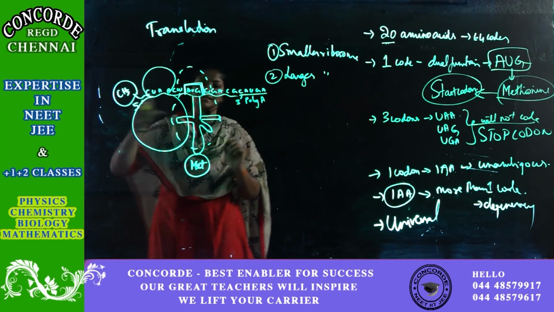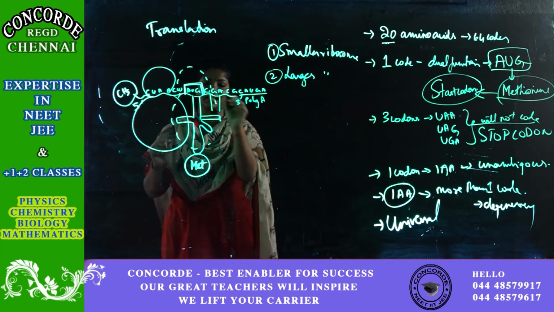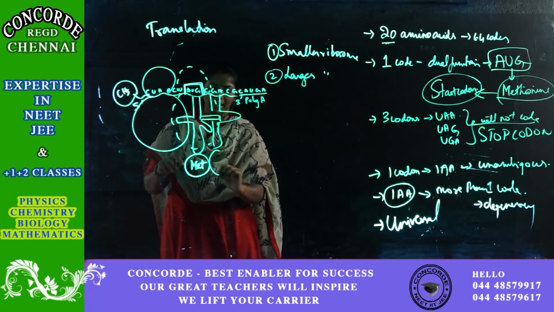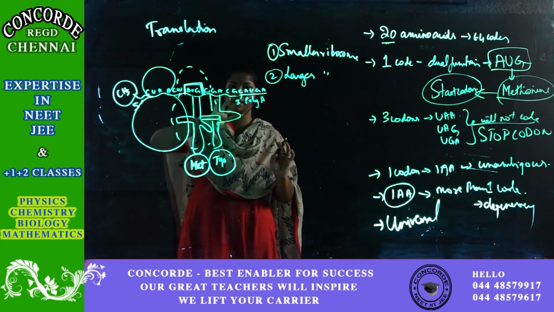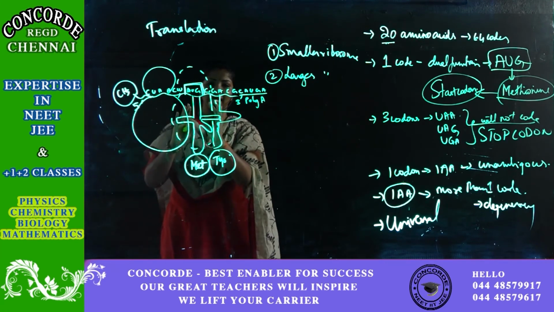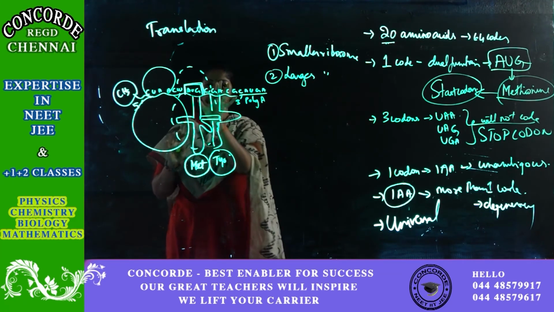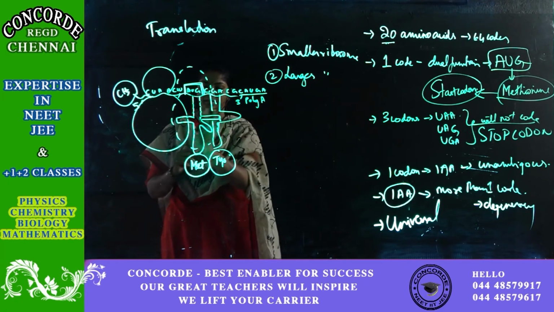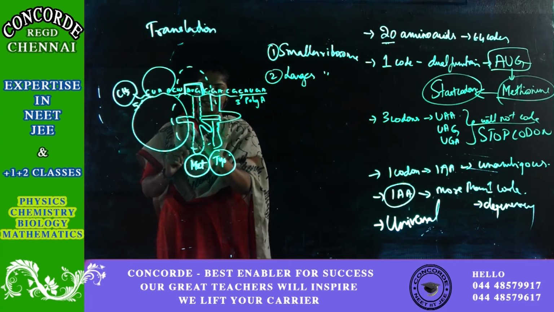Then what happens? Next comes CGA, so accordingly some other amino acid comes, for example tyrosine. As soon as this comes, this tRNA will leave the site. I'm just erasing like this because I cannot instantly erase on this board.